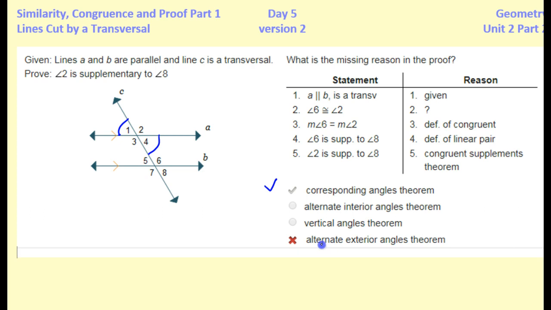Okay, alternate exterior angles. These angles are interior angles. These angles like 1 and 2 and 7 and 8 are exterior angles, outside the lines. So if they gave us angles like 1 and 8, then it would be alternate exterior angles. Okay, so those are the rest of the choices, but this was the correct answer.